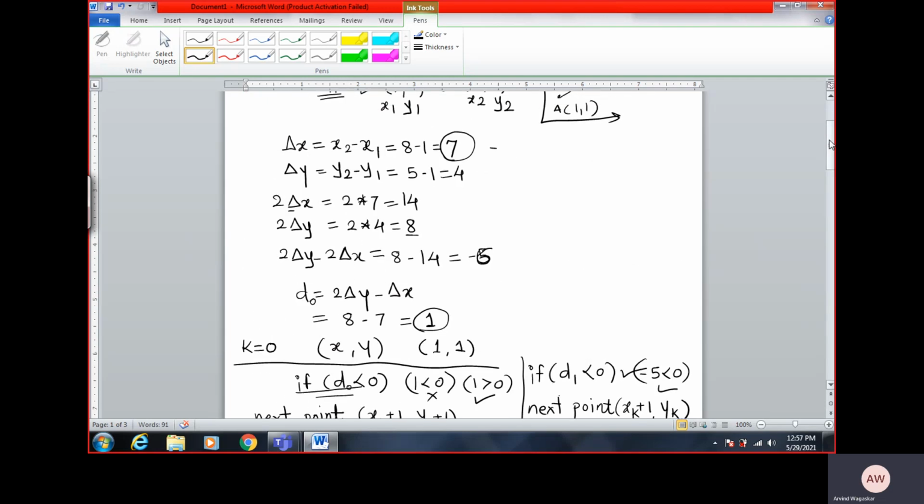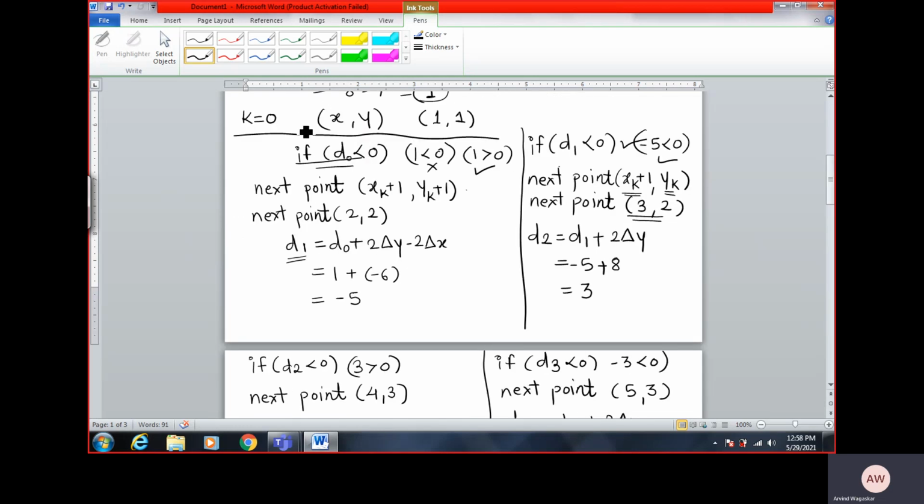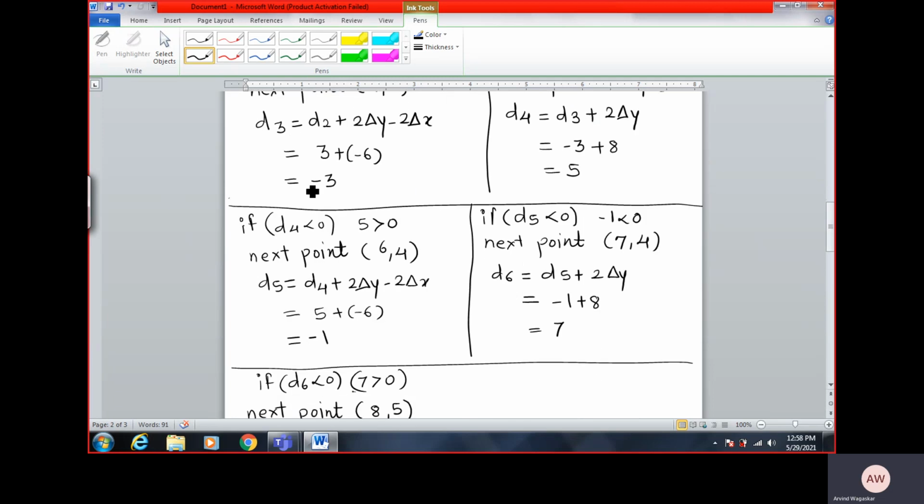Here, as we have started from k equal to 0, this is k equal to 1, this one is k equal to 2, this is k equal to 3, here is k equal to 4, this one is k equal to 5, this one is k equal to 6, and here k equal to 7.